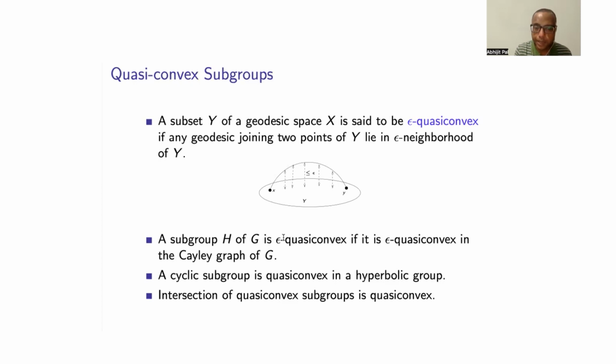And a subgroup H of G is said to be epsilon quasi-convex if it is epsilon quasi-convex in the Cayley graph of G. We'll study some properties of quasi-convex subgroups. A cyclic subgroup is always quasi-convex in a hyperbolic group. And we'll prove that the intersection of quasi-convex subgroups is quasi-convex.